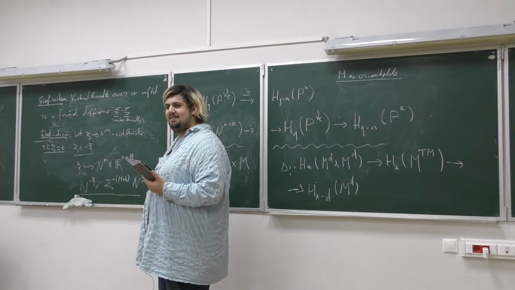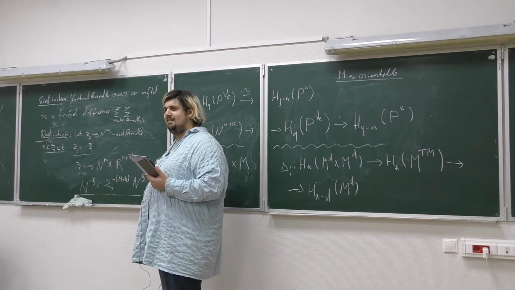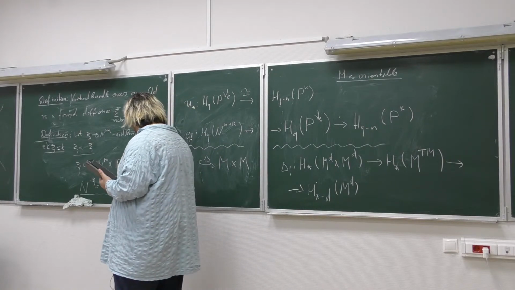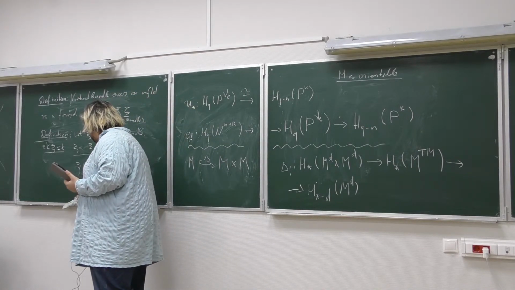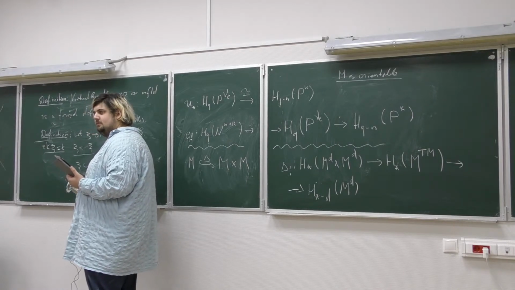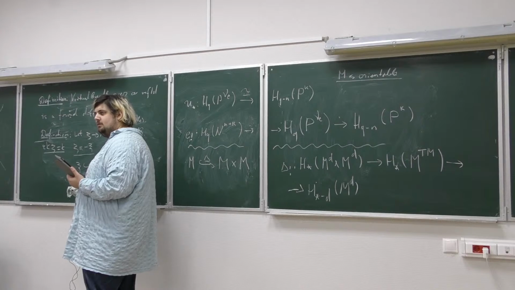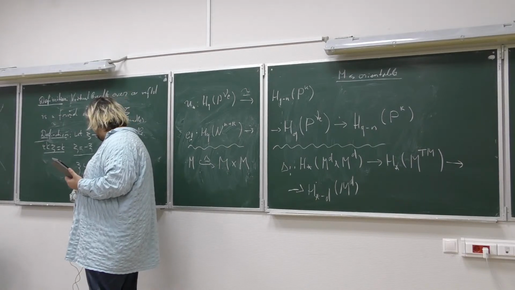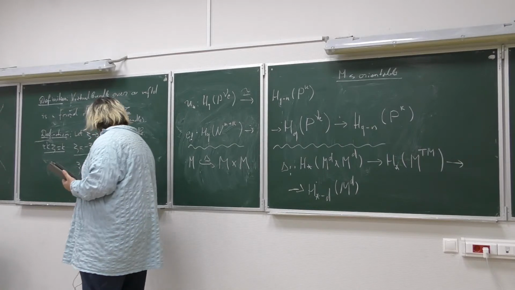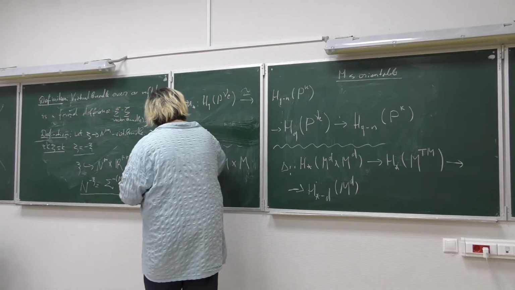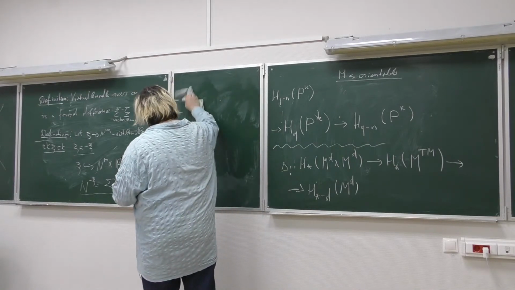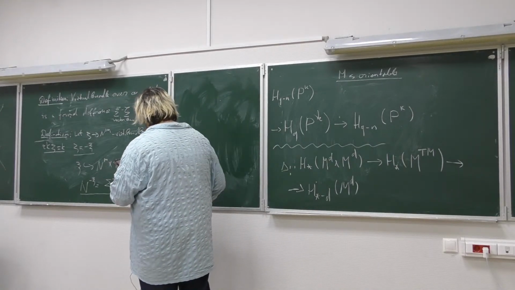Well, yes, let's see what happens if we choose another representative. Basically, nothing happens because we can always pass from one representative to any other representative by adding copies of the trivial bundle to those representatives. Well, let's take one and add some number of trivial bundles. Then on the level of spectra, we have basically the same structure.